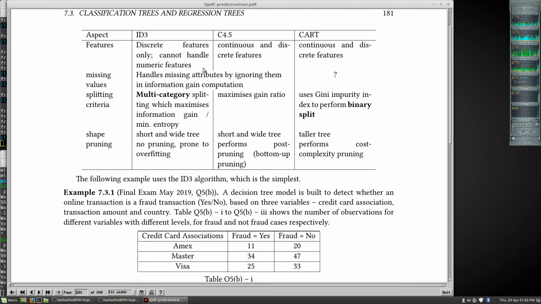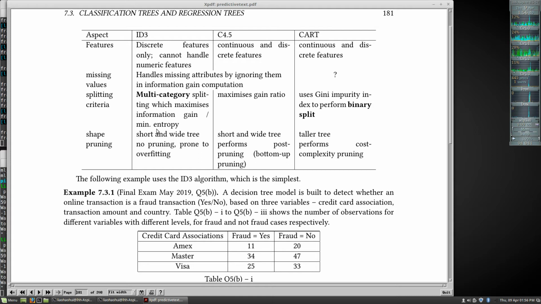Later on, some of you might find some numerical features, but I'll mention why it's not truly numeric. And the splitting is multi-category, as we'll see later in the tutorial and examples discussion.